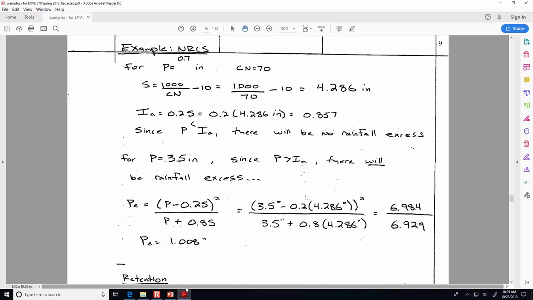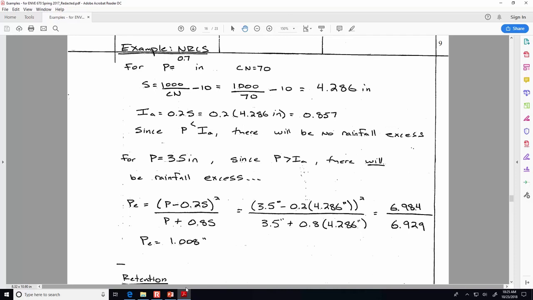It's not that all of that storage has to be accomplished before there's any runoff. That's just what we're saying the initial abstraction is. So we're saying, as an approximation, 20% of that storage has to be filled before there will be runoff. And so 20% of that 4.286 inches is 0.857 inches. So in this case, if you have 0.7 of an inch of rainfall and 0.857 inches of initial abstraction, there won't be any runoff from that.